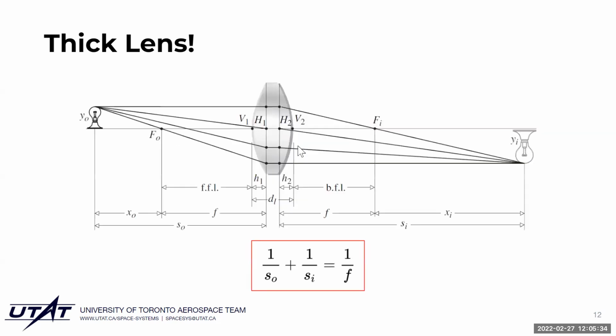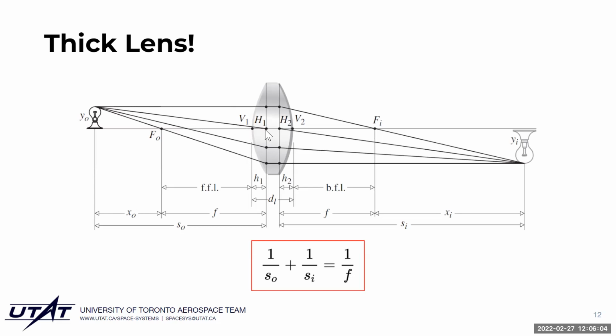Oh yeah, and you can see that H1 and H2 are with respect to the vertex of the lens, the vertex being the outermost point. So here's H1 and here's H2, right? So essentially what we get is that for the thick lens, these planes also happen to be the nodal planes, which means that whenever a ray enters, let's trace the second ray.